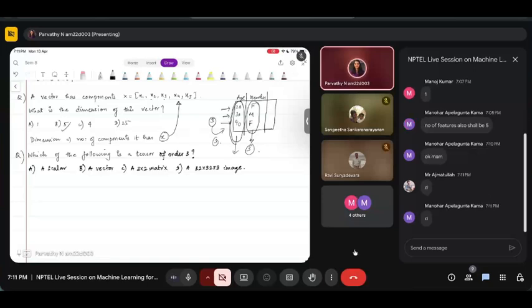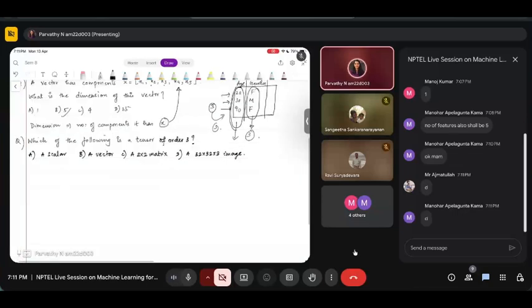So a tensor is any higher dimensional array. If a tensor has order 1, then it is called a vector. If a tensor has order 2, then it is called a matrix. If 2 or more, then it is higher dimensional. So here 3 is asked. So it is a 32 by 32 by 3 image.